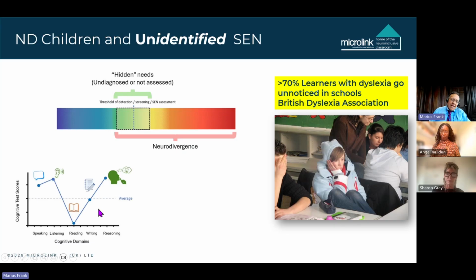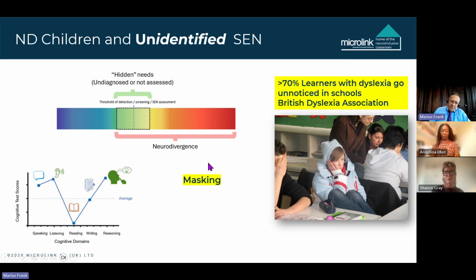Some of them might have what we call a spiky profile. They may compensate for a weakness in reading by being tremendously skilled at oracy, great listening skills. They can argue, they can create. I am seeing that in my 8-year-old granddaughter who has dyslexic tendencies. But when you talk to her, it's like talking to an adult.